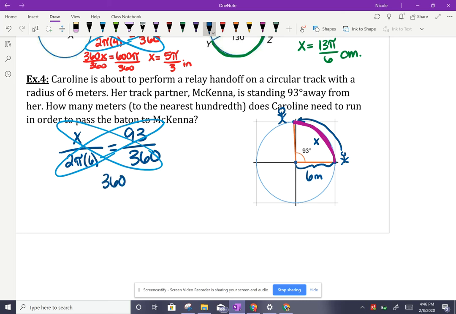You get 360x equals 12 times 93 is 1,116 pi. It does say round this to the nearest hundredth, but I find it easier to not multiply that pi in until the very end, guys. Otherwise, you're going to be dealing with some crazy decimals.